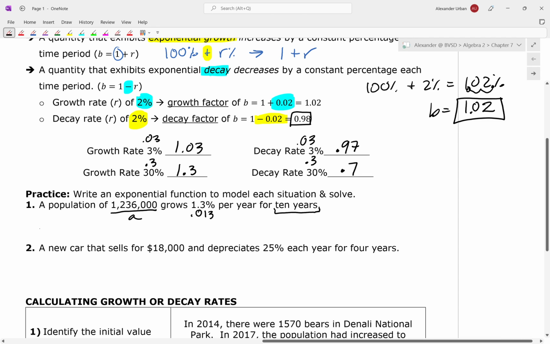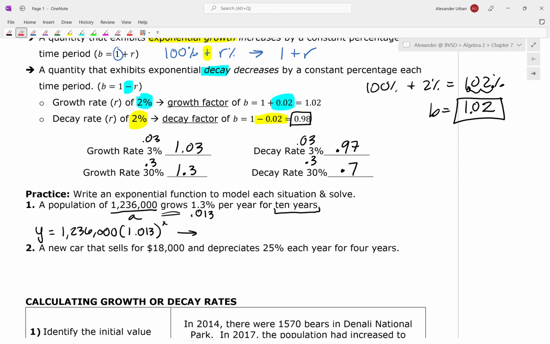So first we're going to write an equation. Y is equal to 1,236,000 times 1.013. It's a growth, because it's above 1, of 1.3%, and it's raised to the x power. The only thing we need to do now is plug this in the calculator, where x is our time, and we're going to substitute in 10 for our x.